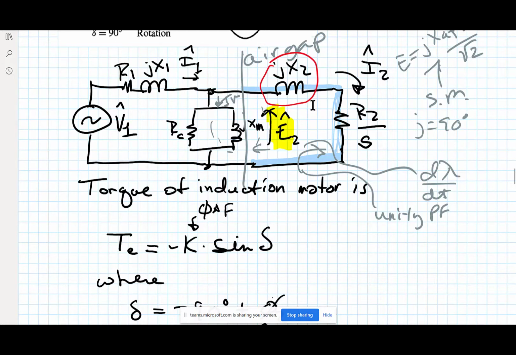The whole science of high performance induction motor drives is all about estimating parameters, estimating fluxes, and operating without a speed sensor or position sensor. That's really the entire science behind induction motor drives.